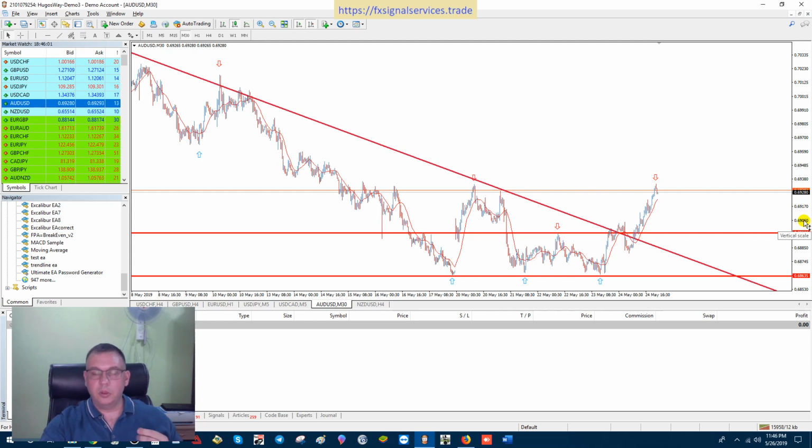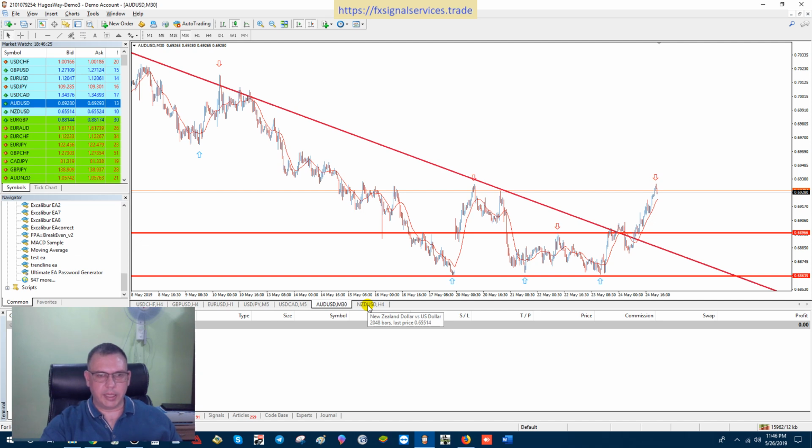That would be a perfect place to place a buy limit pending order. Or you can just wait for this to come down and start to go back up again, and then you can buy. Either way, it doesn't matter. Long term is definitely going up.